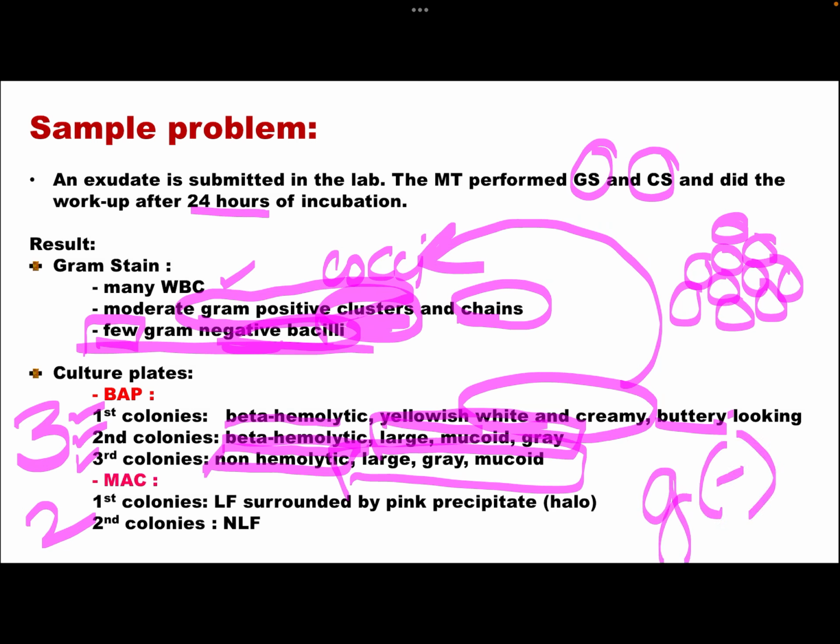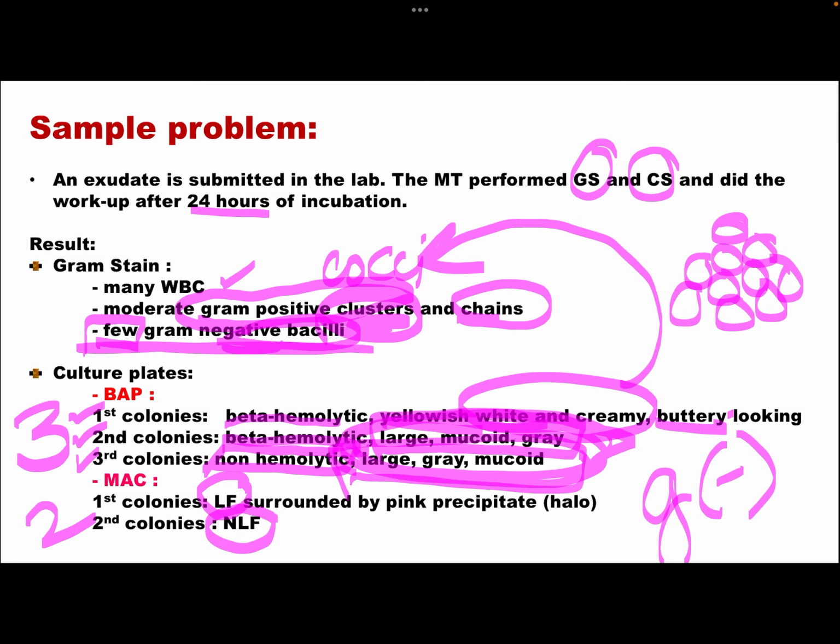I have indicated earlier that when we see large gray and mucoid colonies, that could speak of the presence of gram-negative microorganisms. So that's why in MacConkey, you only have two colonies. One is a lactose fermenter and another one is a non-lactose fermenter.